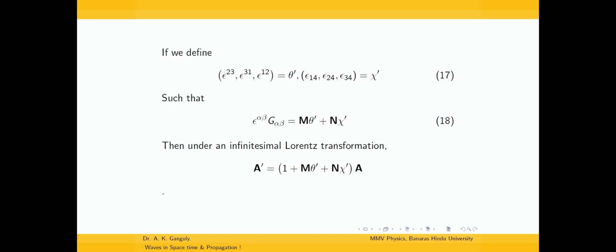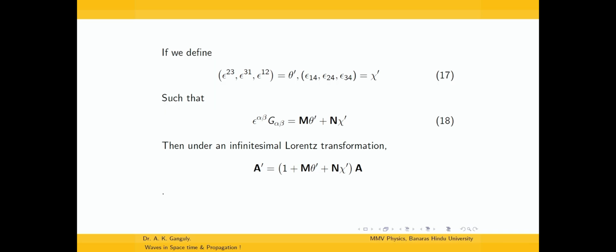So, with this in the background, we can now quantify the statement of infinitesimal Lorentz transformation of a quantity that is given by capital A in bold. A prime should be equal to the bold A itself plus a little variation that comes from two sectors.